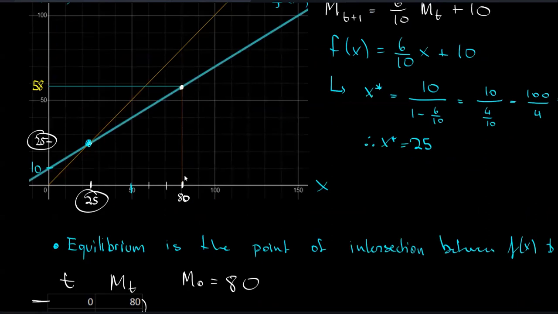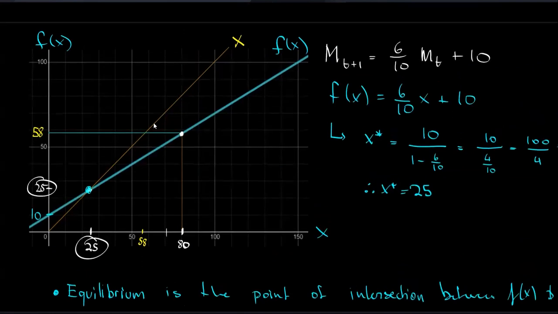So now we can find m1 on the x-axis. The 58 is approximately over here. The way we can find it more exactly is we use the function y equals x, because whatever's on the y-axis is on the x-axis.